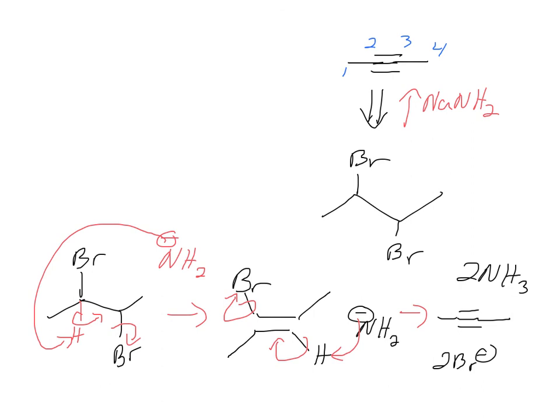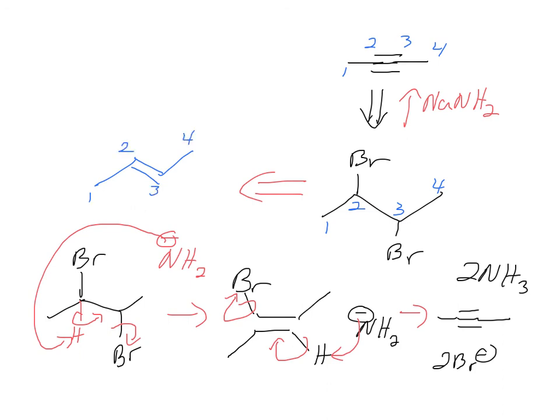And then, what would that have come from? To add 2 bromines, how do we add 2 bromines? Br2 is the reagent. What's the starting material? An alkene between 2 and 3, right? So this would be the starting material, 1, 2, 3, and 4.